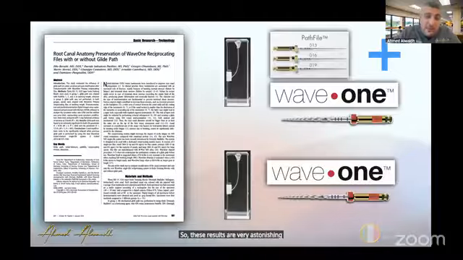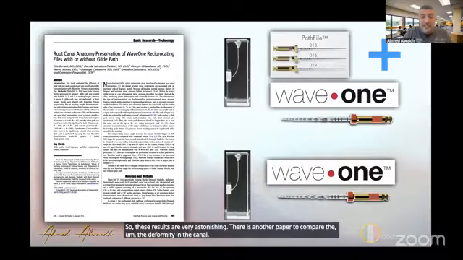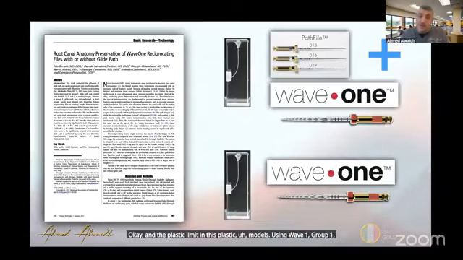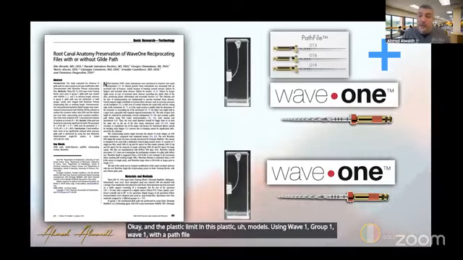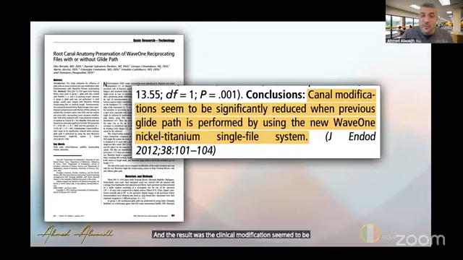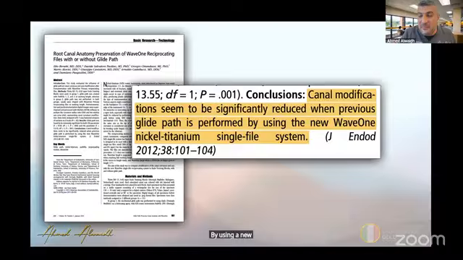There is another paper that compared the deformity in the canal. They made plastic models using Wave 1, group 1 Wave 1 with the glide path file before, and then only a single file without a glide path file. And the result was the canal modification seemed to be significantly reduced when a previous glide path is performed by using a new wave nickel titanium single file system.